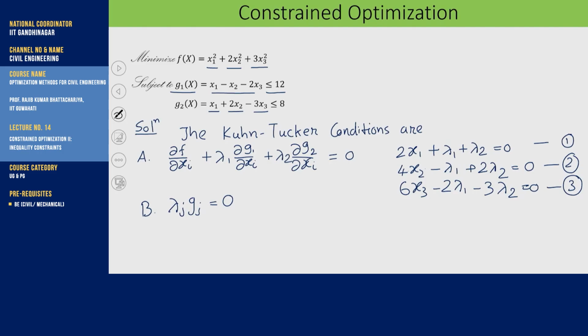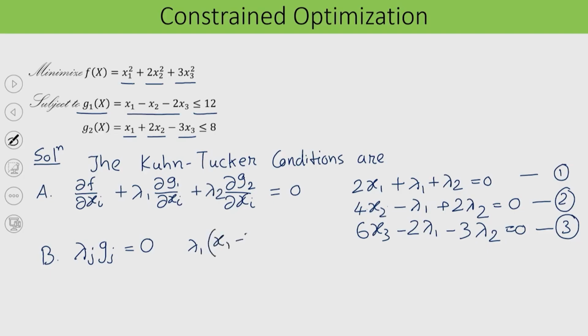So, if you apply the second condition, I will be getting lambda 1 times x 1 minus x 2 minus twice x 3 minus 12 equal to 0, and lambda 2 times x 1 plus twice x 2 minus thrice x 3 minus 8 equal to 0.